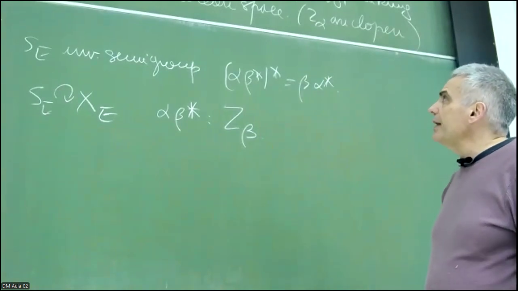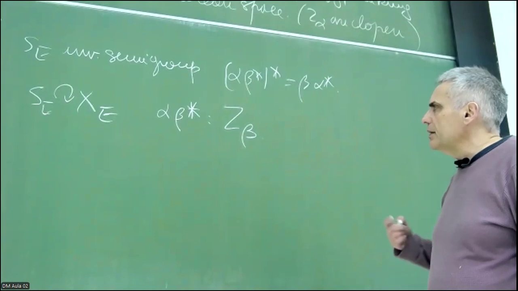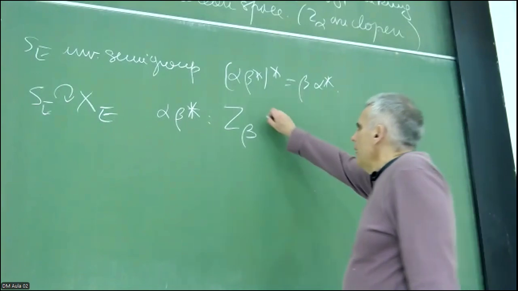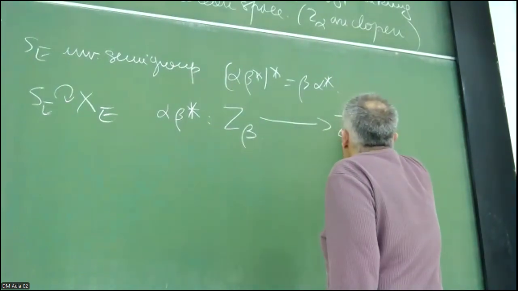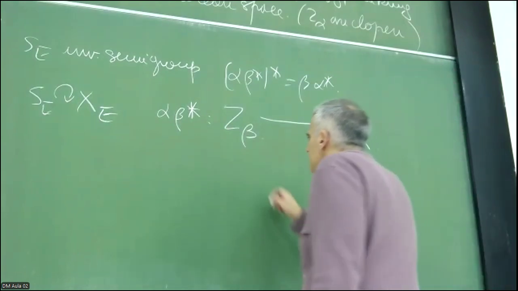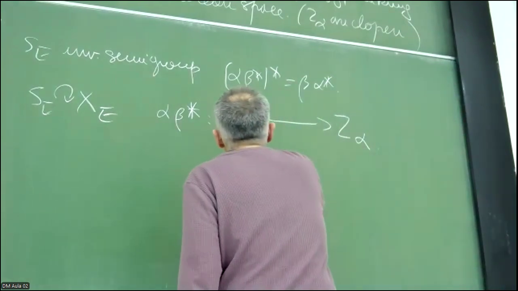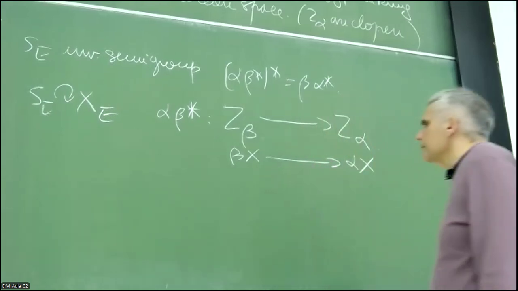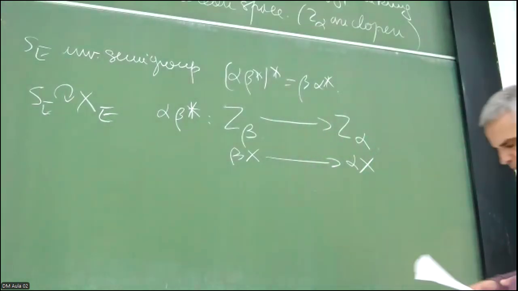Recall that Z beta is the set of all infinite paths that begin with beta. And this will land in Z alpha. What does this do? So it takes beta x, it removes the beta, and adds the alpha. This is what it does.